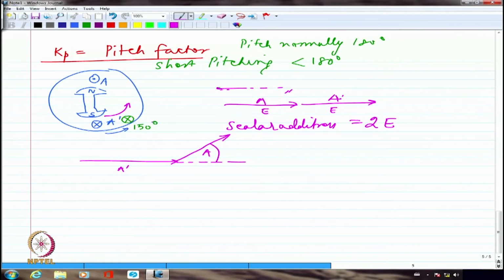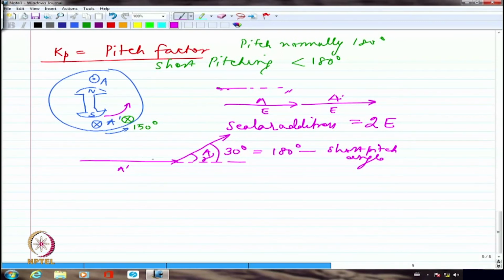If I say that A dash is placed at 150 degrees rather than 180 degrees, I am going to have this angle to be 30 degrees, which is corresponding to 180 minus whatever is the short pitch angle. So I am going to have this as my phase shift between the voltages induced in A and A dash, right? Let me call this angle as some gamma.